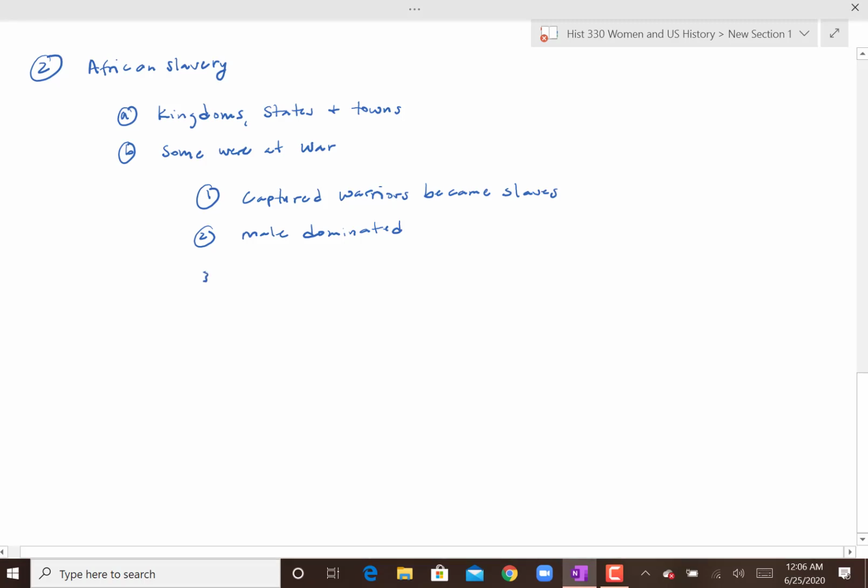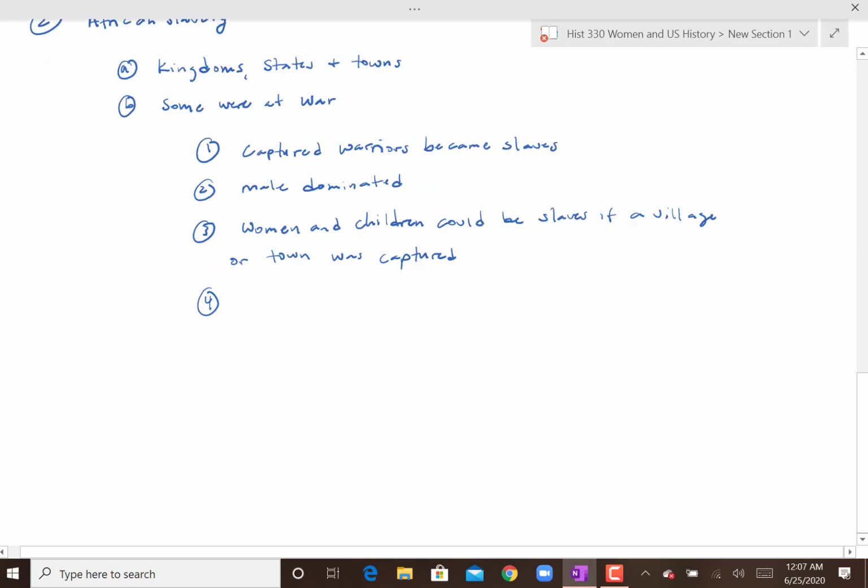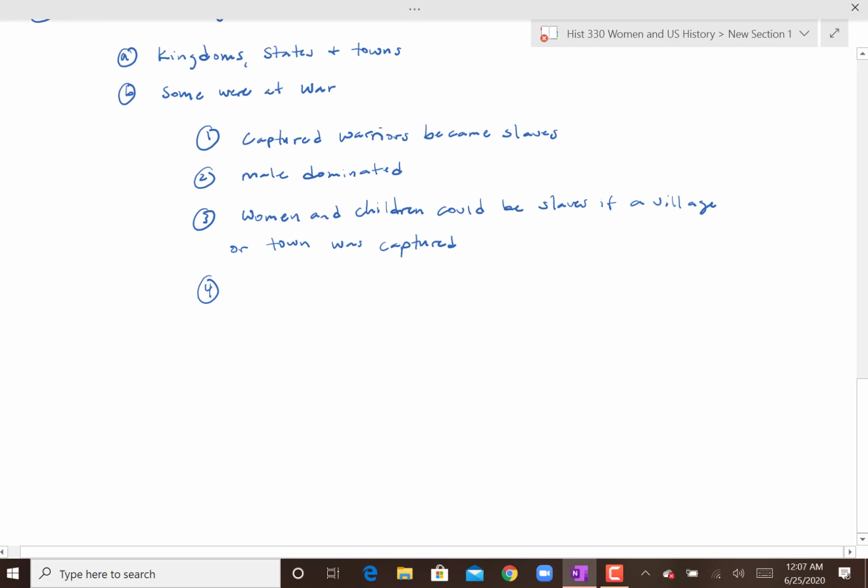So women and children could be slaves if a village or town was captured. That did happen too, but because you had an emphasis on warriors, that shifted it to a more male-dominated system.